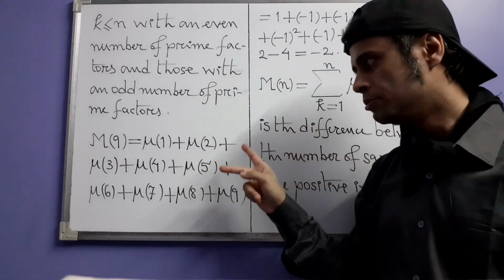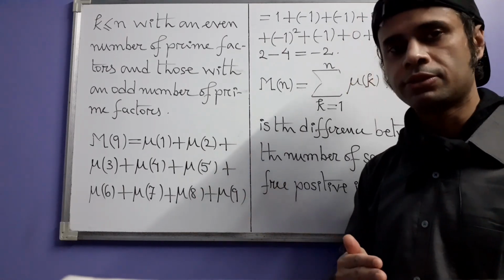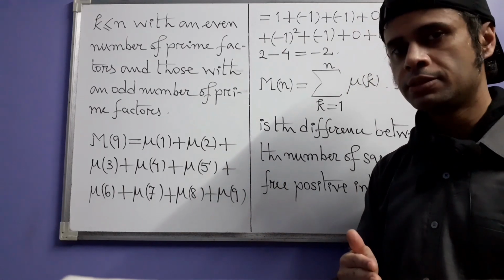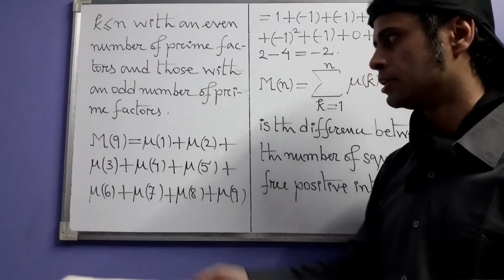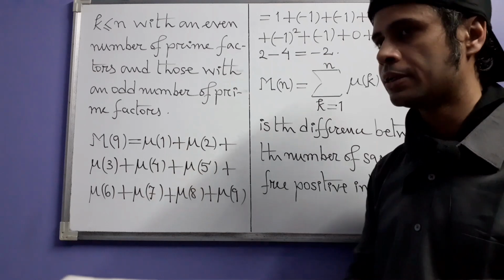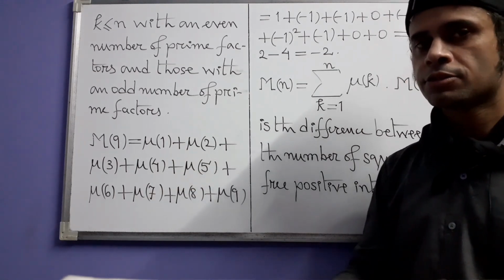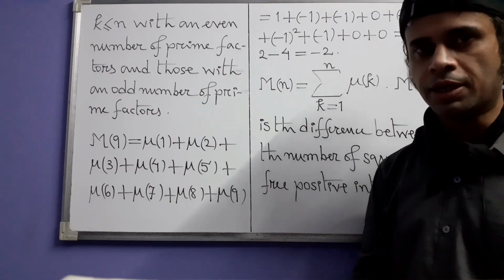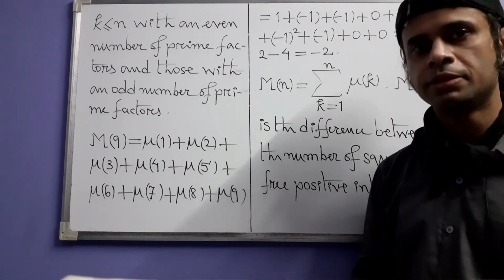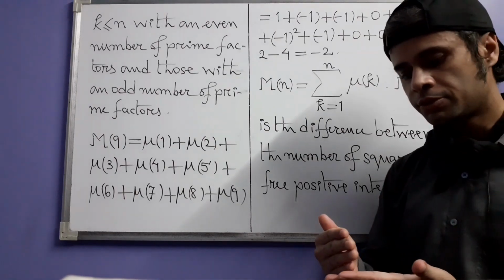There are also two square-free integers here, and in their prime factorizations, the number of primes is even. Now it may be a little confusing if you think of 1. Well, 1 is square-free by definition because it's not divisible by the square of any prime. In fact, it is not divisible by any prime itself. But the source of confusion may be this.